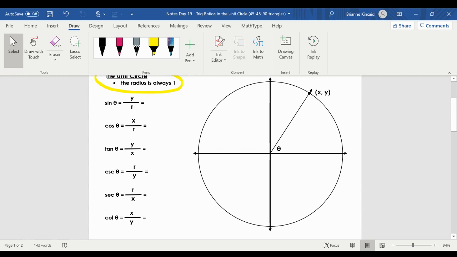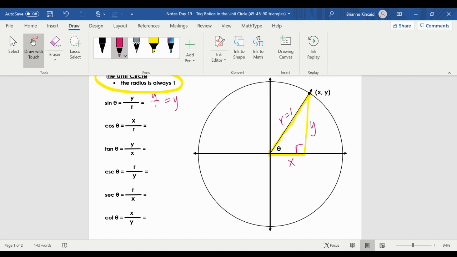So remember our triangle that we can draw in by drawing a perpendicular down. We create a right triangle. This is always x, y, and r, which is 1. So the sine is y over r, y over 1, or just y.